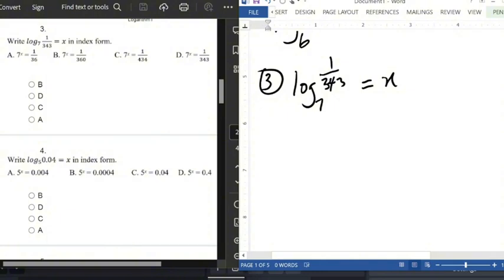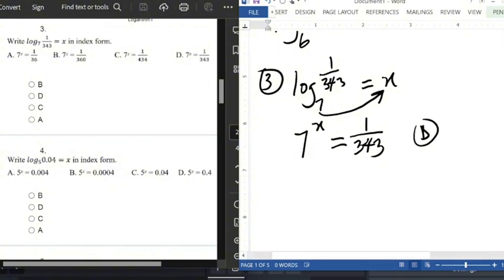So this is going to be 7. This 7 will go and carry this one: 7 raised per x equals the number, which is 1 all over 343. I hope this is very clear. So that is option D.